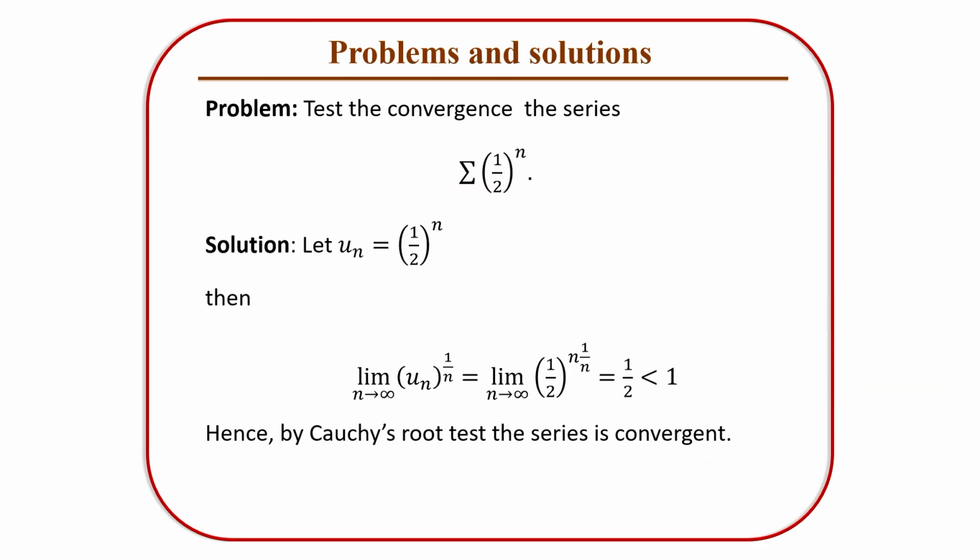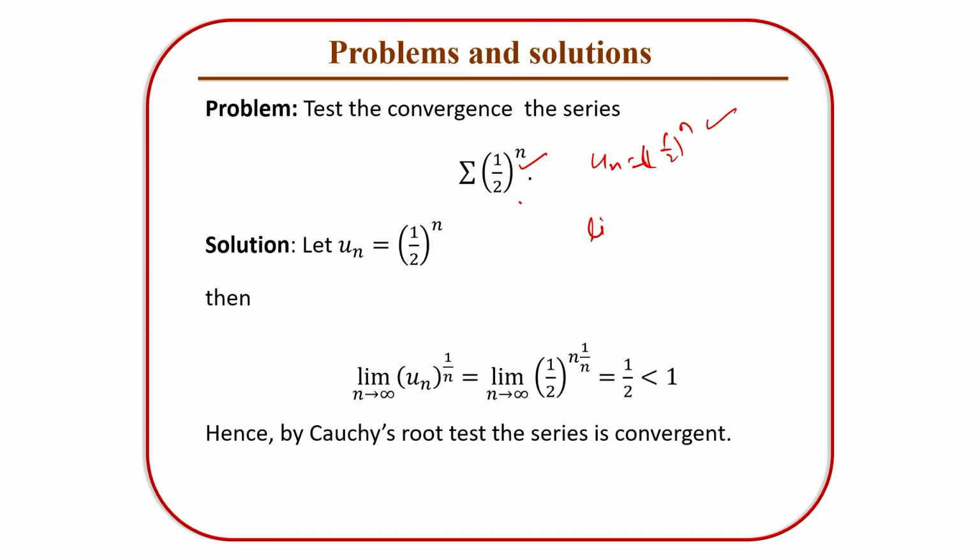Now test the convergence of the series which has the term 1 by 2 to the power n. Again, the un term, un is equal to half to the power of n, therefore we are going to directly use the Cauchy root test.